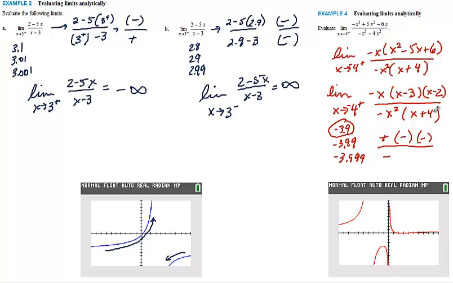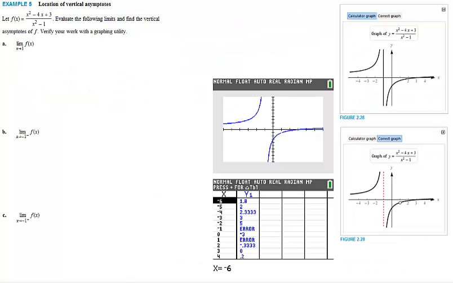So that would be a negative. And then negative 3.9 plus 4, that would be a positive. Counting my number of negative signs, I have 3, that's odd. This is shooting down to negative infinity. I'm going to verify with my picture as I approach negative 4 from the right. This does indeed shoot down to negative infinity.